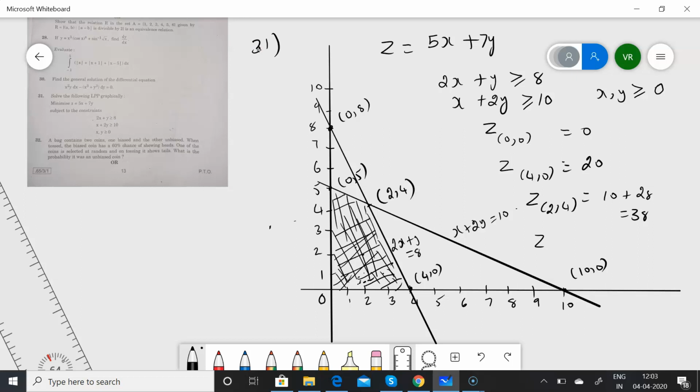And z at (0, 5) is 0 plus 7 fives are 35. So we can see that the minimum value is 20. So the minimum value is z at (4, 0).